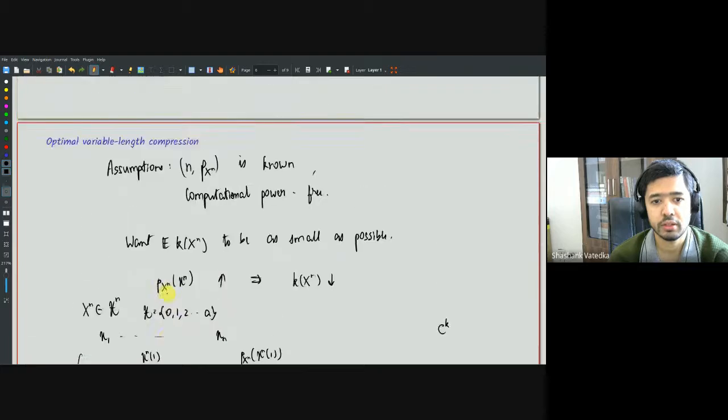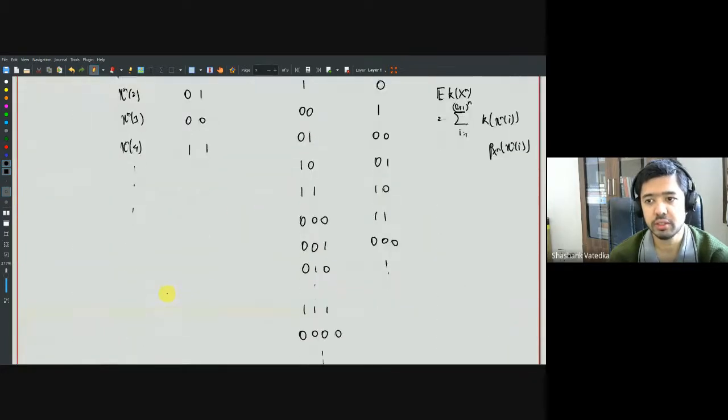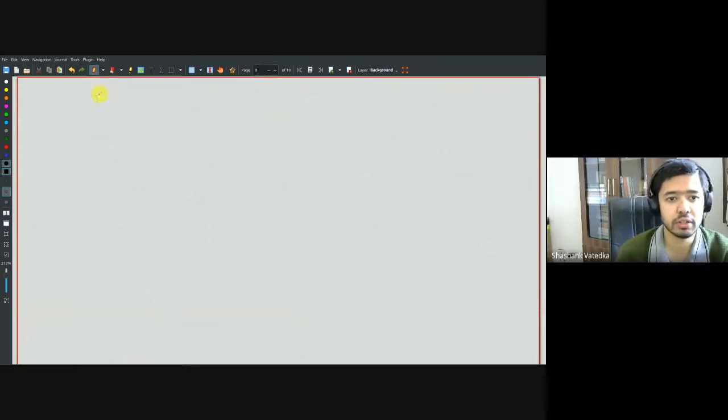Okay, so now that we have this, let us get a bound on the expected length of this particular scheme. Let us look at xn of i. What is k of xn of 1? It is 0.